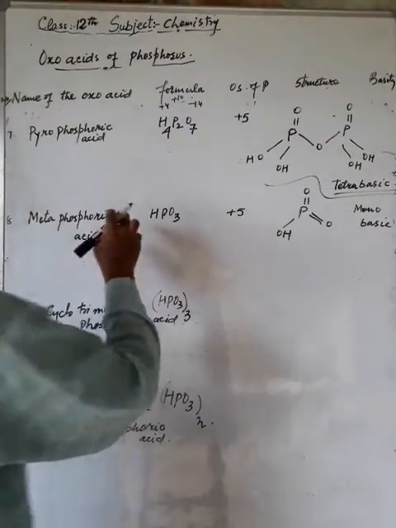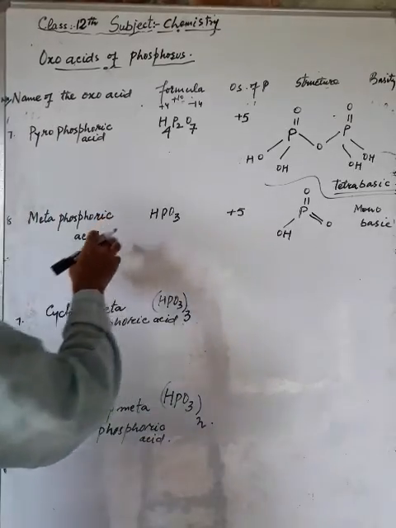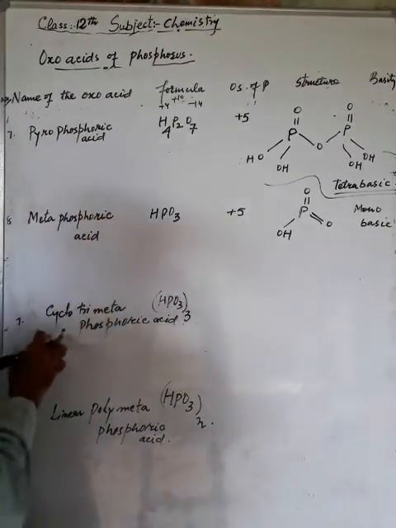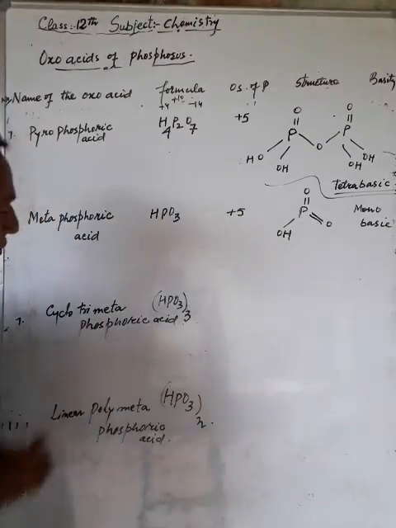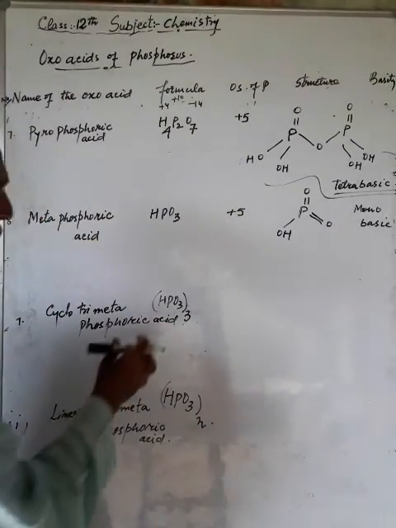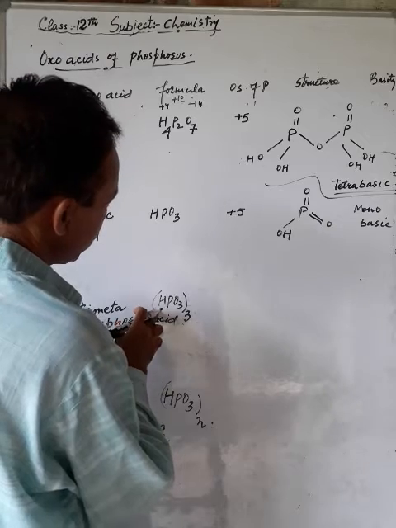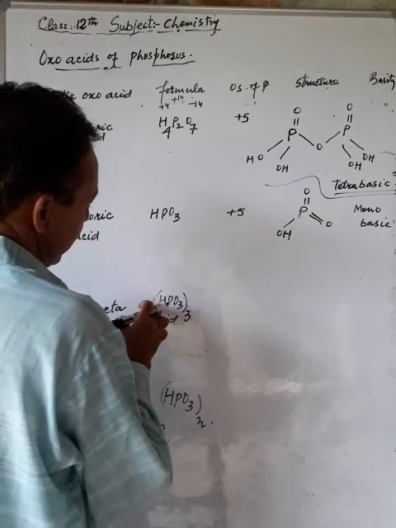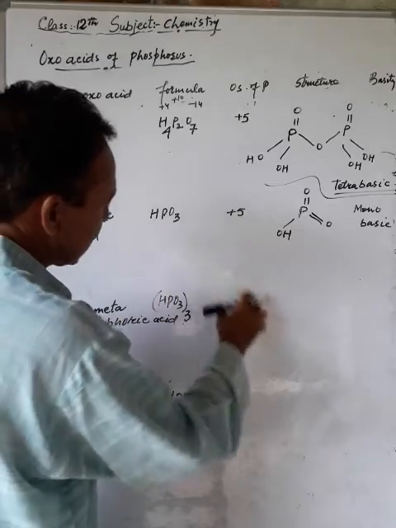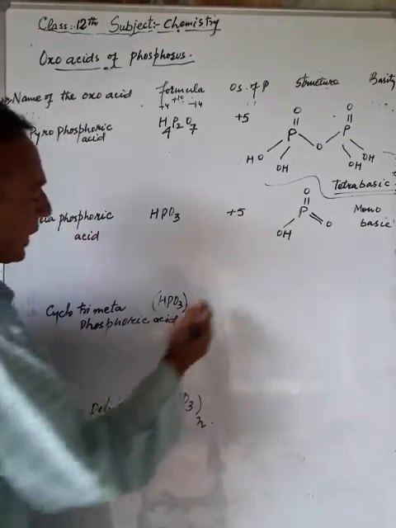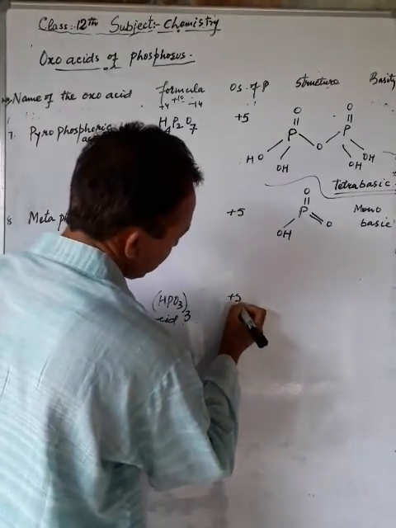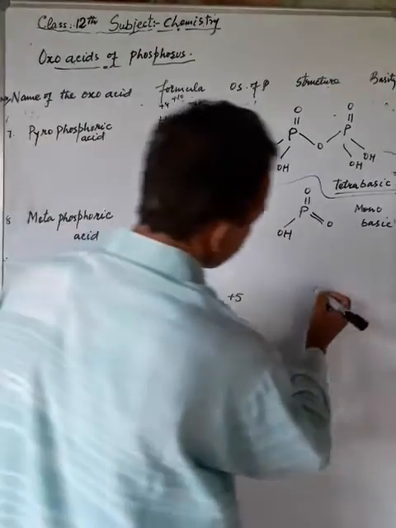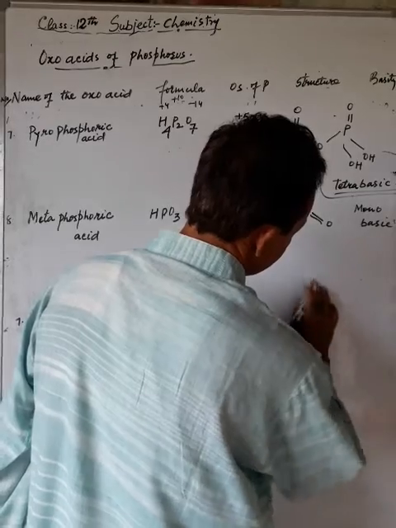It does not exist in this form, and exists in the cyclotrimetaphosphoric acid. In the cyclotrimetaphosphoric acid, we have 3 molecules of metaphosphoric acid linked together in a cyclo group, and therefore the oxidation state is +5 again, and the structure is like this.